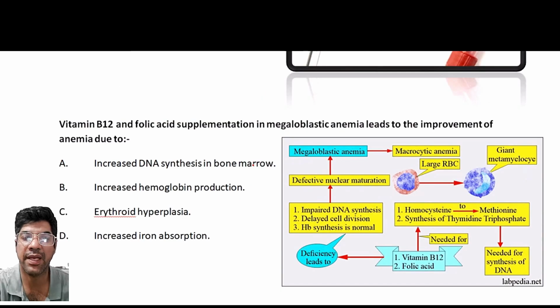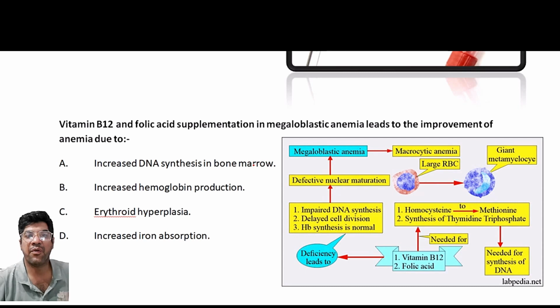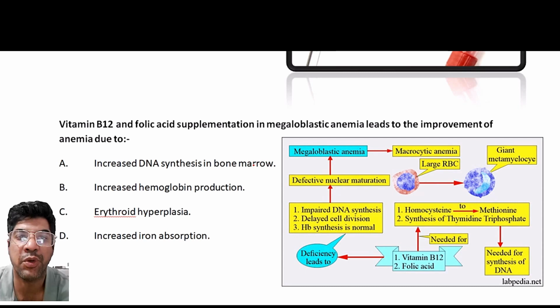Vitamin B12 and folic acid supplement in megaloblastic anemia leads to improvement of anemia. They are used to treat megaloblastic anemia by increasing the DNA synthesis in the bone marrow.